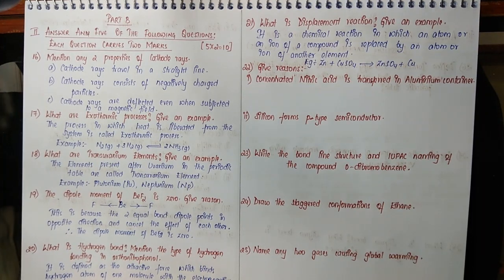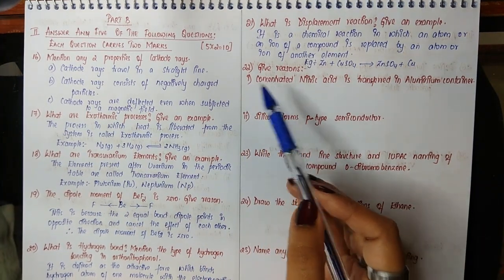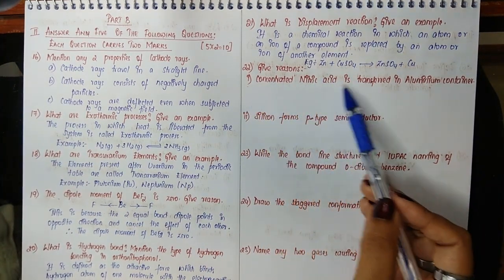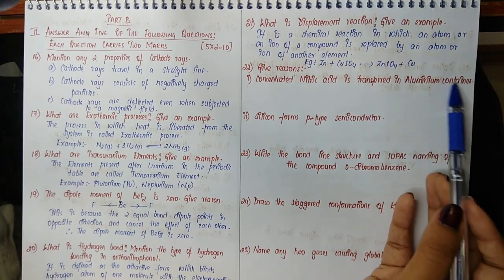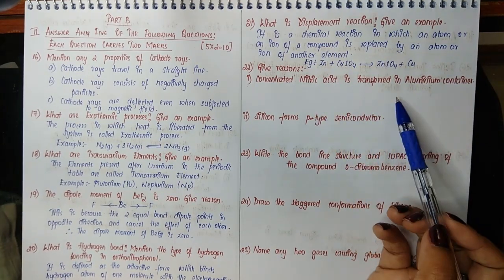Now the next question is question number 22. It's a give reason question. The first one says concentrated nitric acid is transferred in an aluminium container. We need to specify why is that so.